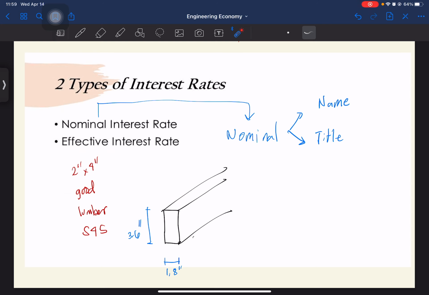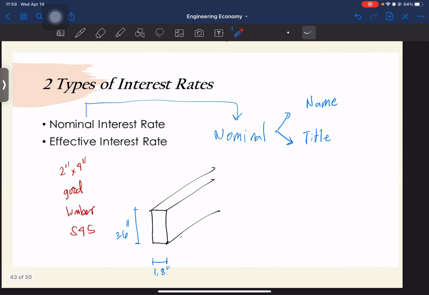But, is it really 2 by 4? So, hindi. Dahil nga meron siyang kinatam sa kanya, nabawasan yung dimension niya. And instead of 2 by 4, ang dimension niya actual is 1.8 by 3.6. Okay? You can think of nominal and effective that way. Nominal is the name, but effective is the actual. Okay? So, ganun siya.